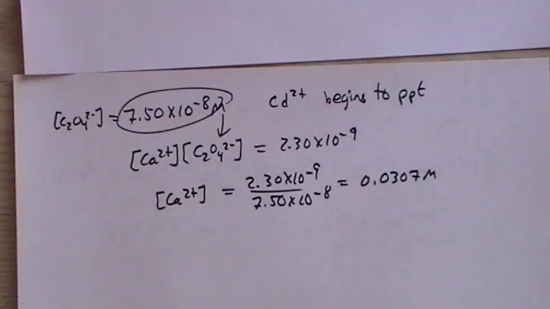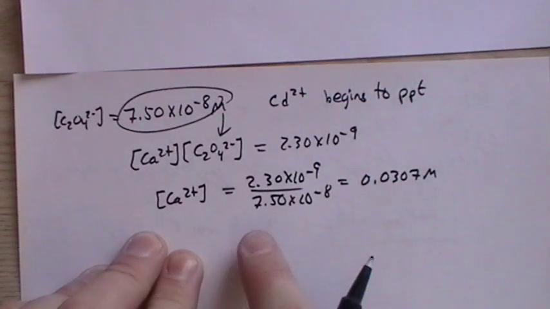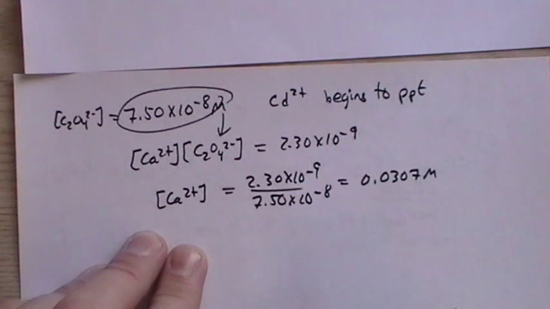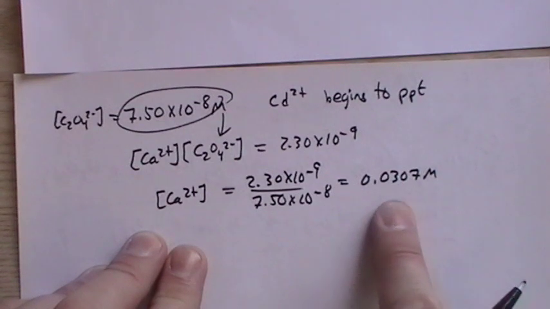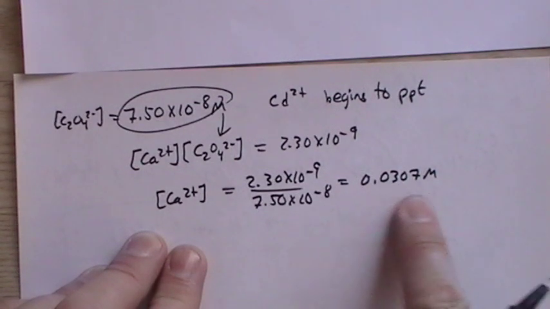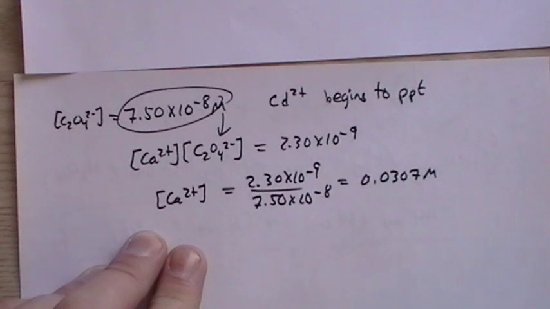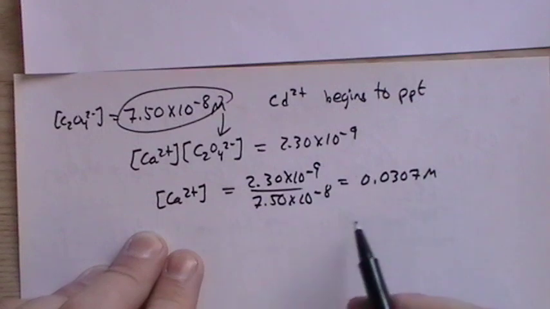So we had 0.200 molar for calcium ion at the beginning. And then we started adding the oxalate ion. The calcium started falling out. The other two ions were left alone. But then when we hit a higher concentration, cadmium began to fall out. So at that point, calcium has already lost a huge amount of its concentration, because most of it has already fallen out.